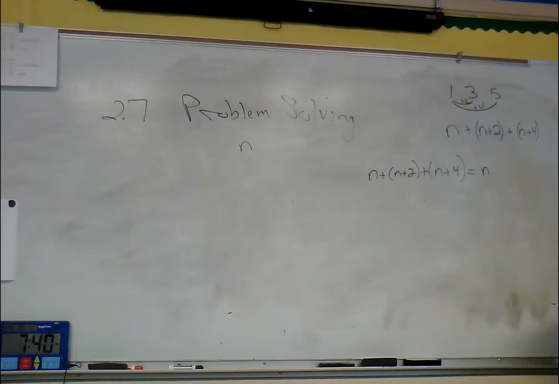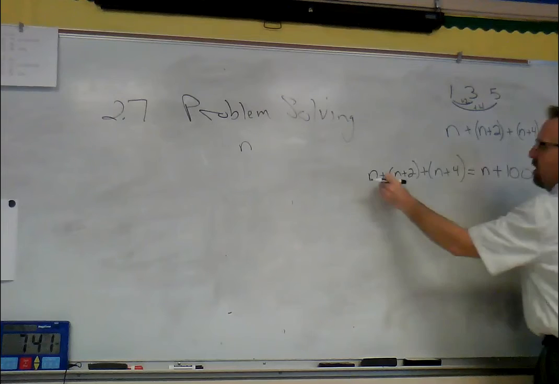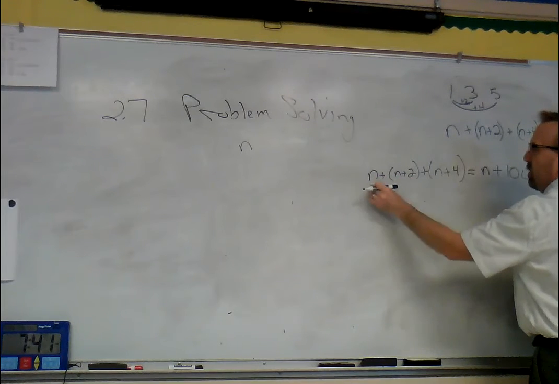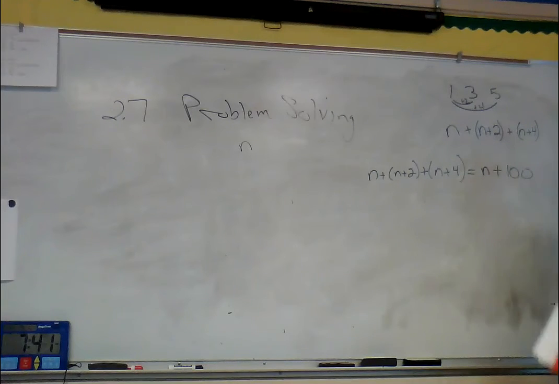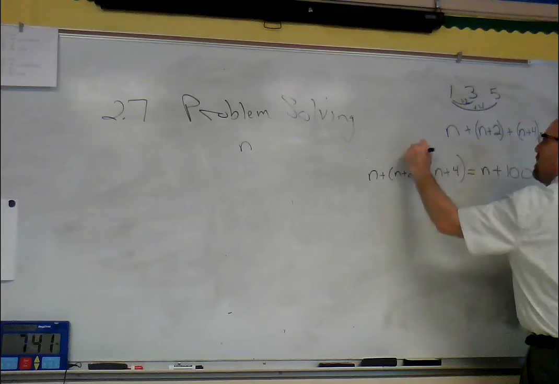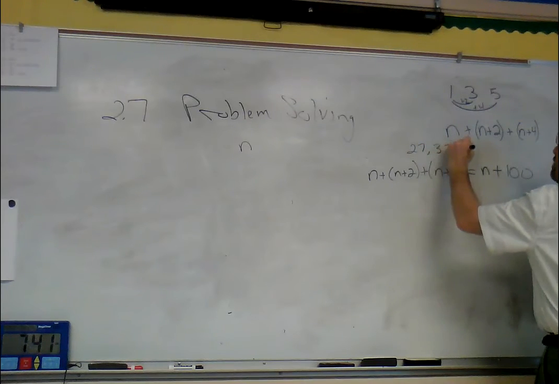So if I have 1 and you have 2 more than that, what's that? 3. How did we get 3 using 1 and 2? The more is addition, so 100 more. So we have the sum of 3 consecutive odds. One is n, this one's 2 more, this one's 4 more, and we have 100 more than our smallest one. Our choices are 27, 37, and 47.